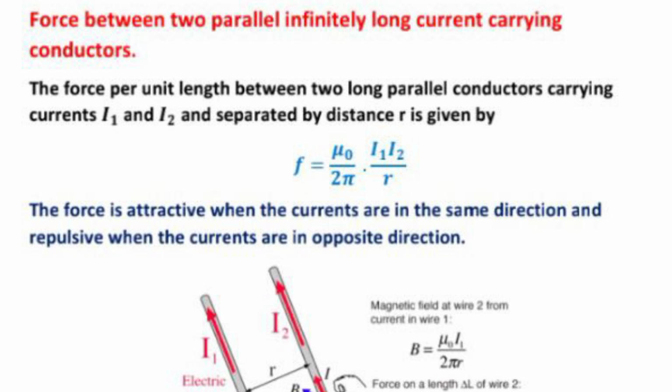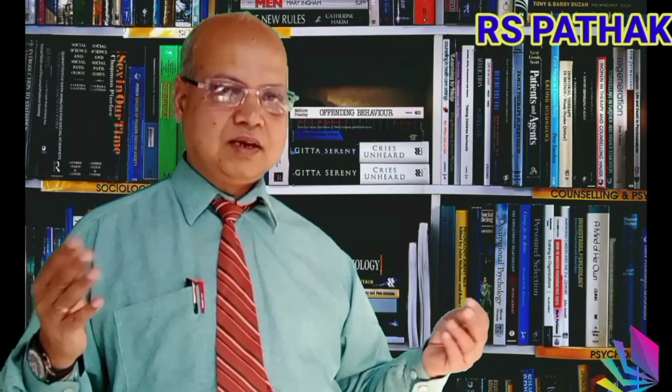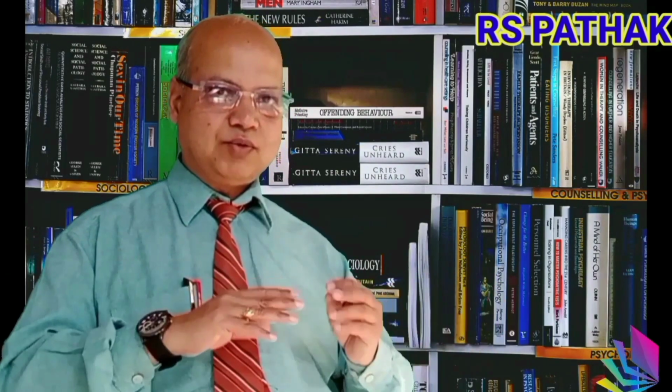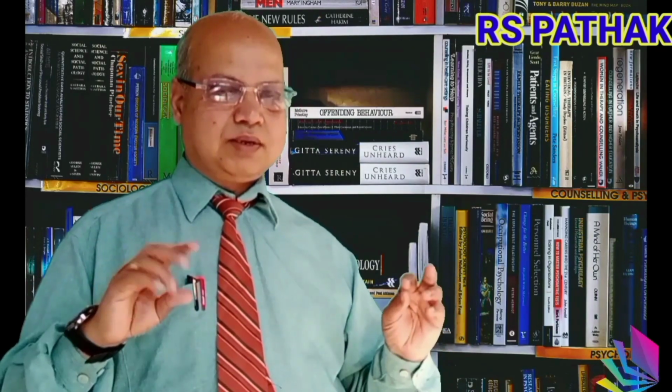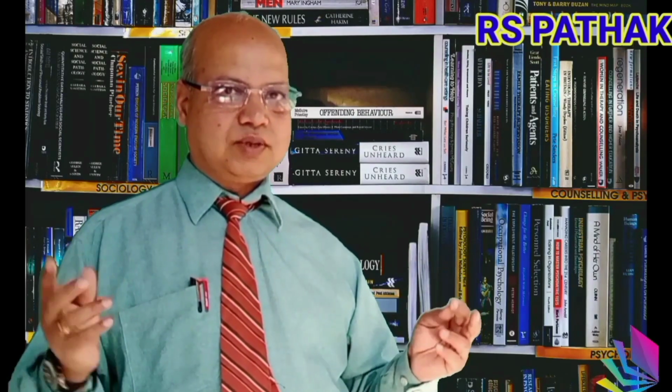Now, force between two current elements. What is the force between two parallel current elements dL1 and dL2? These current elements carry currents I1 and I2 and are separated by a distance r.